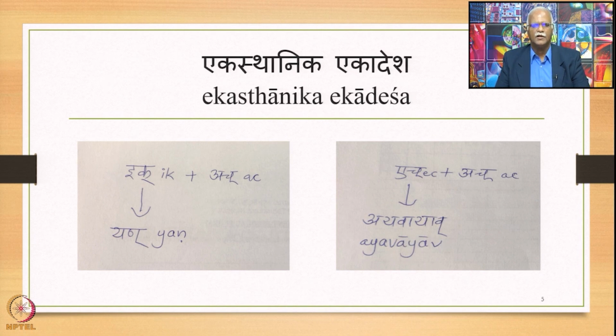We also interpreted the sutras iko yanachi and echo yavayavah to understand the sandhi better. We also studied the uddeshya vidheya bhava and the number of substituents that are delineated because of this uddeshya vidheya bhava. Then we also studied the criteria for selection of the substitute.